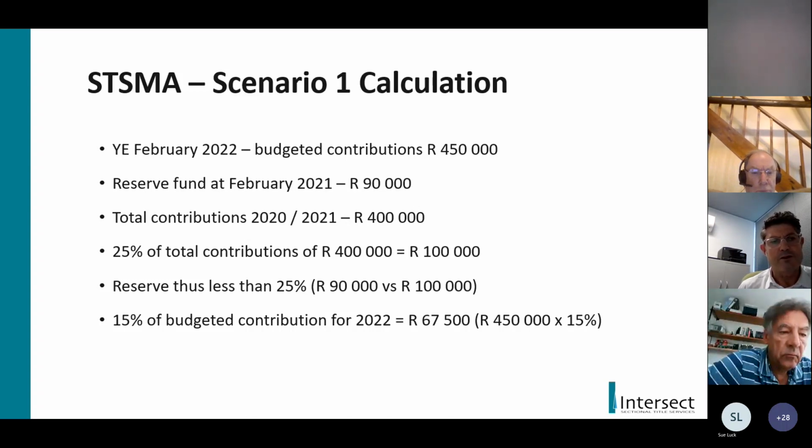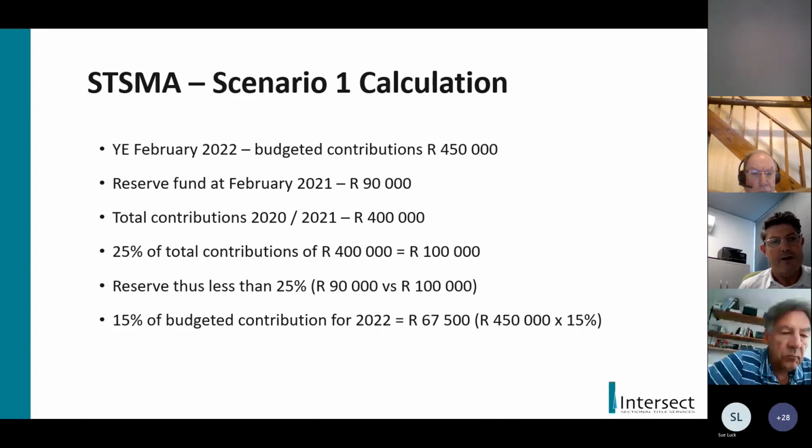The total contributions for the 2020-2021 year was 400,000 Rand. To now calculate the percentage, you're going to say 25% of your total contributions are 400,000 Rand. Remember that you're working this on your previous financial year. So 25% of 400,000 Rand is 100,000 Rand. So the reserve is therefore less than 25%, 90,000 Rand versus 100,000 Rand.